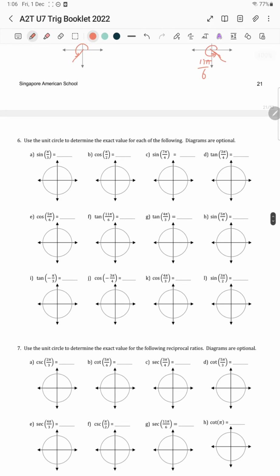Use a unit circle to determine the exact values for each of the following. Sin pi by 3.